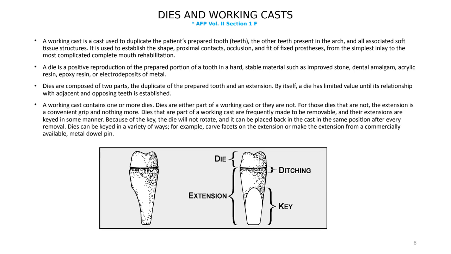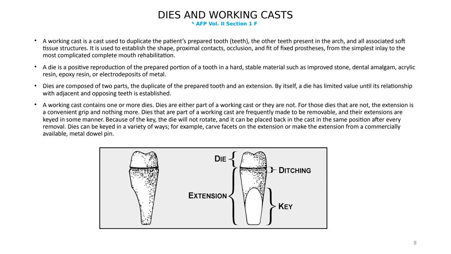So what that means, if we do a restoration, let's say we get a die, right? We don't have the model, we don't have the opposing, we just have a die, and we start doing a wax up. Let's say it's a molar, and it looks beautiful. We put all the anatomy in there, the primary grooves, the secondary grooves, everything. It's top notch.